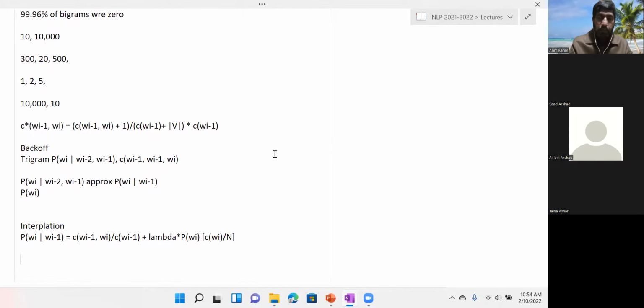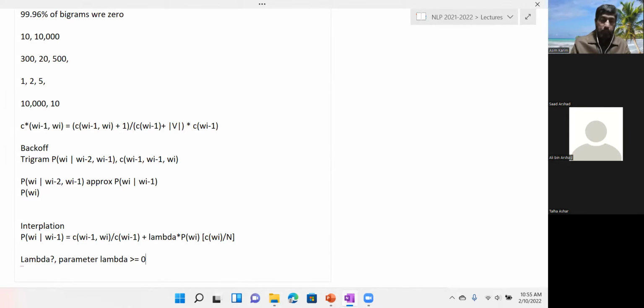Now, obviously, the question is, what is lambda? How do you find out lambda? Lambda is a parameter. Lambda in general should be greater than or maybe even sometimes equal to 0, although equal to 0 means that there is no interpolation, but it cannot be negative.